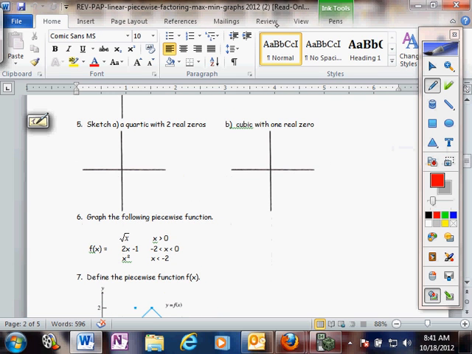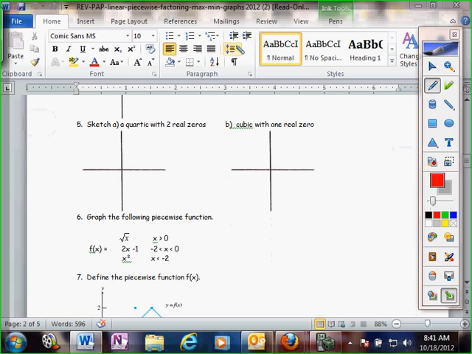Number 5 says, sketch a quartic function with 2 real zeros. Real zeros means it crosses the x-axis. So if I want to do a quartic function, I know it's got that W-looking shape. Now that's a positive one. It could also have that W-looking shape upside down.